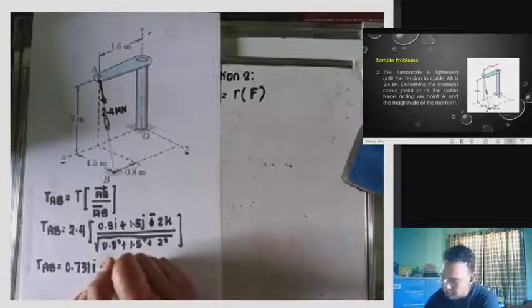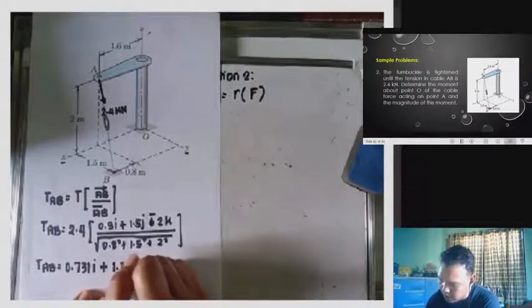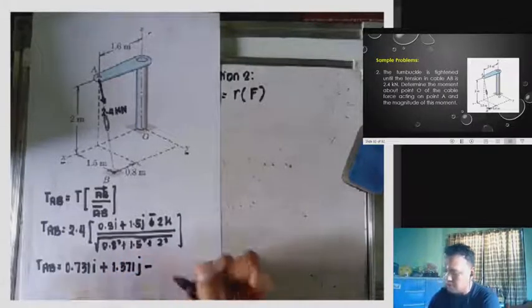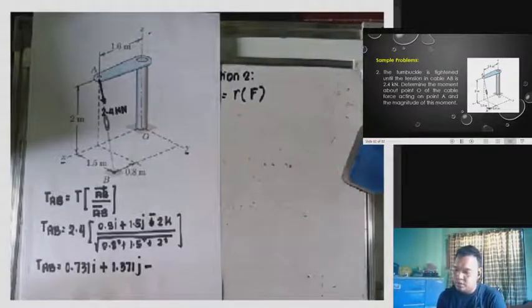We have here positive 1.371j minus 2.4 times negative 2 all over the square root ni 0.8 squared plus 1.5 squared plus 2 squared.